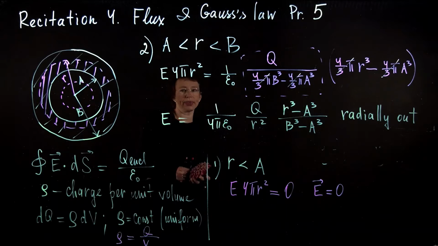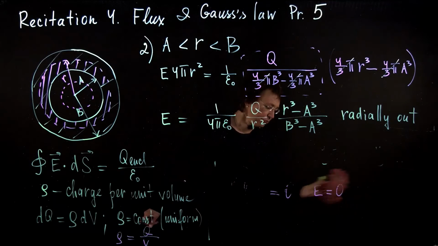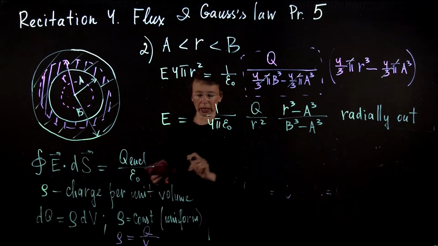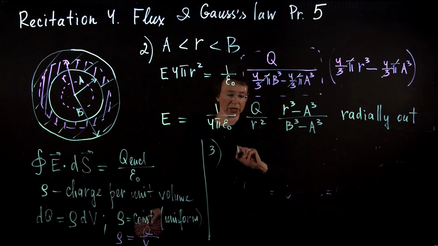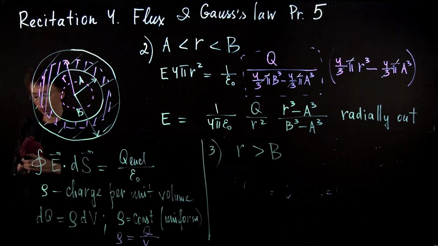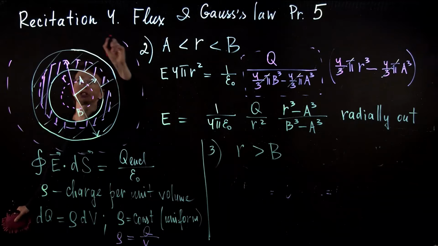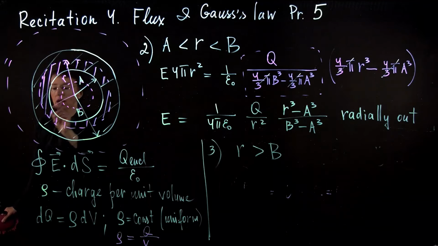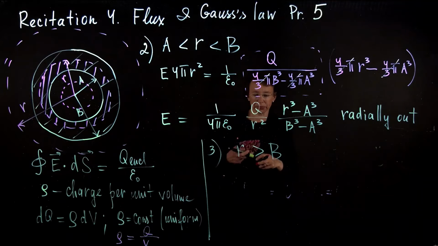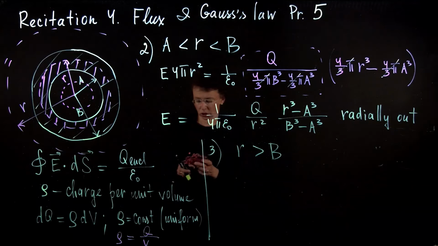Now we need to find the electric field for R greater than B. So the last region where we are looking for the electric field will be R greater than B. My Gaussian surface will be outside of this spherical shell. It's an arbitrary sphere with arbitrary radius r that is greater than B. So now I need to write Gauss's law for this region.